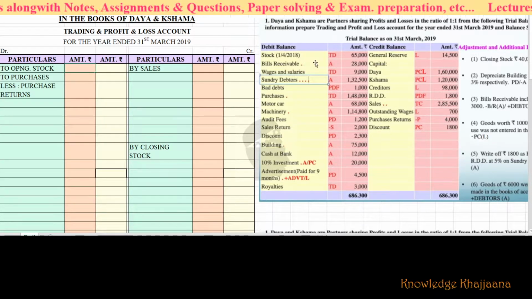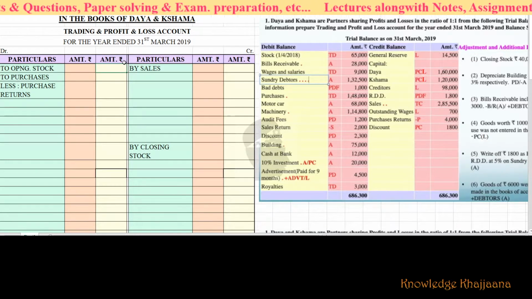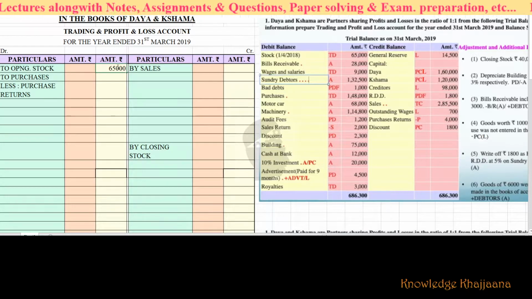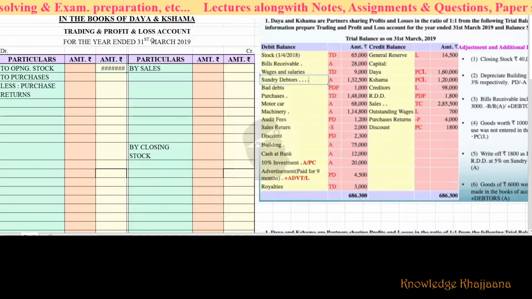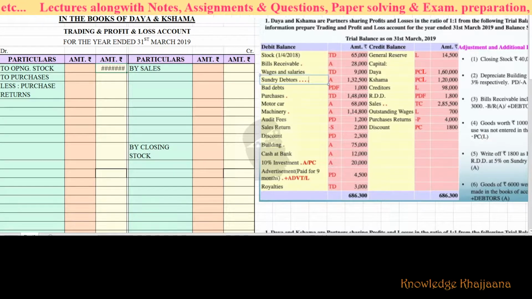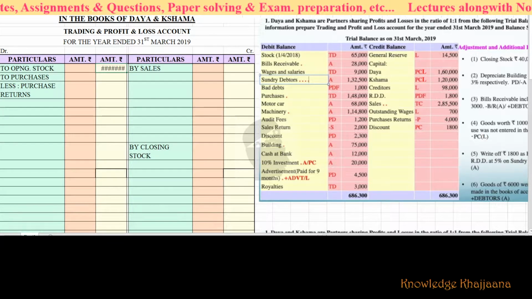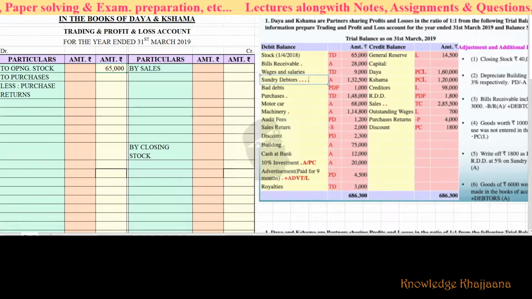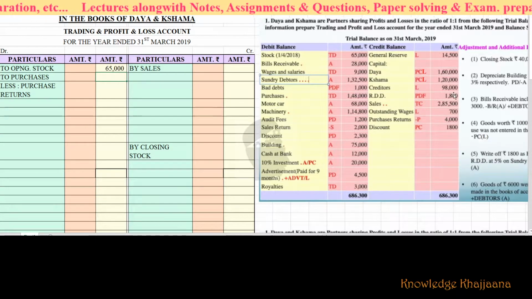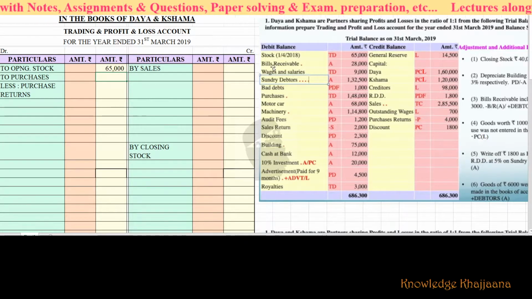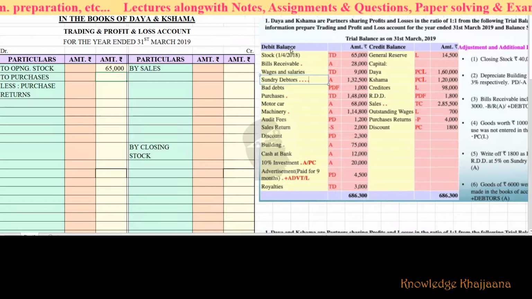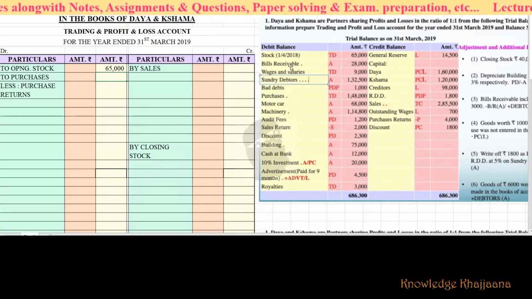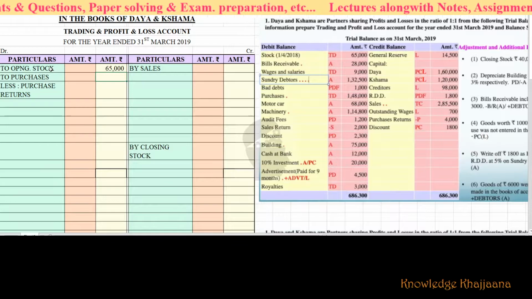On the trading account debit side we write 65,000. We will do it one by one as we find the entries in the trial balance. First it is opening stock, we have done.